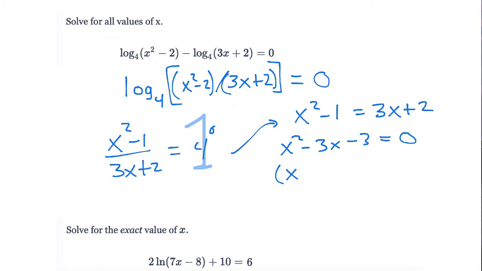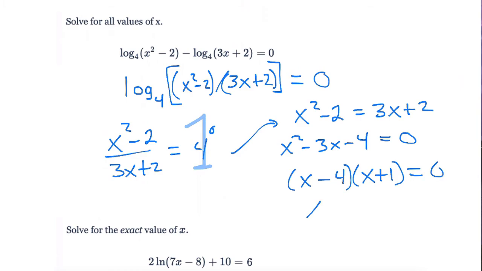Sorry, you maybe caught it, but this should be a 2 here and a 2 here, and we should have minus 4 here. So we can factor this into x minus 4 times x plus 1 equals 0. So that means x is equal to 4 or x is equal to negative 1.